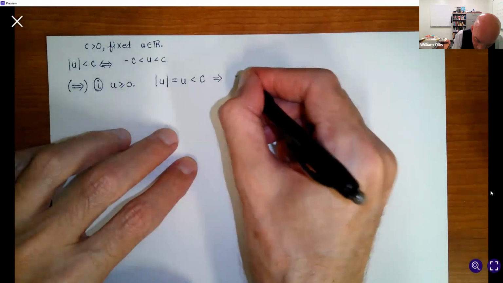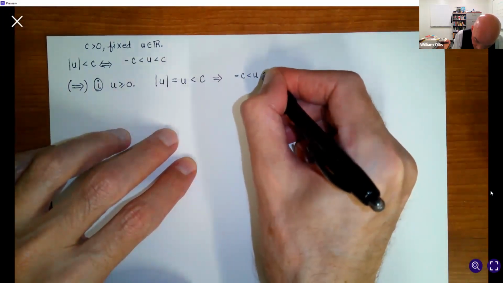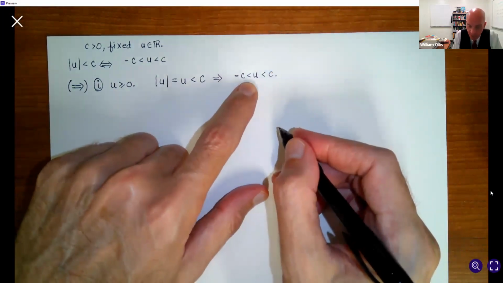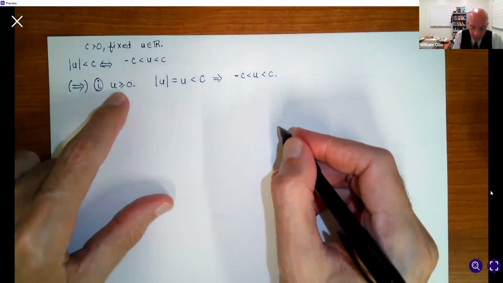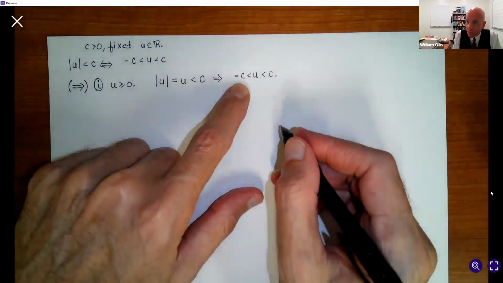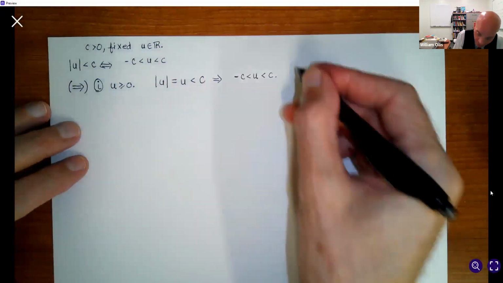So we would have that U is between the additive inverse of C and C. Kind of the last part's a freebie, because again, if U is non-negative, it certainly would be greater than any negative number, and the additive inverse of C is less than 0 by the hypothesis here. So we got that one.